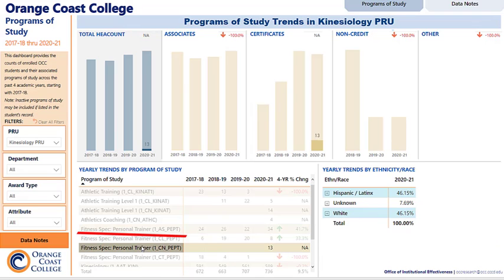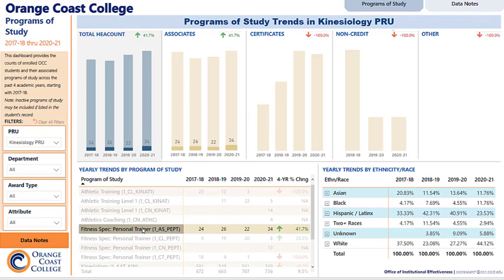Going back to fitness personal trainer on this one, we can see that the numbers are shifting, and you can see how they're broken out by Asian, Black, Hispanic, Latinx, 2 more races, etc. And we can also again see the change difference across the 4 years that we have listed. As you see here, Hispanic Latinx, there were 33.3% students in 2017-18, and then in 2020-21, it is now 23.53%.